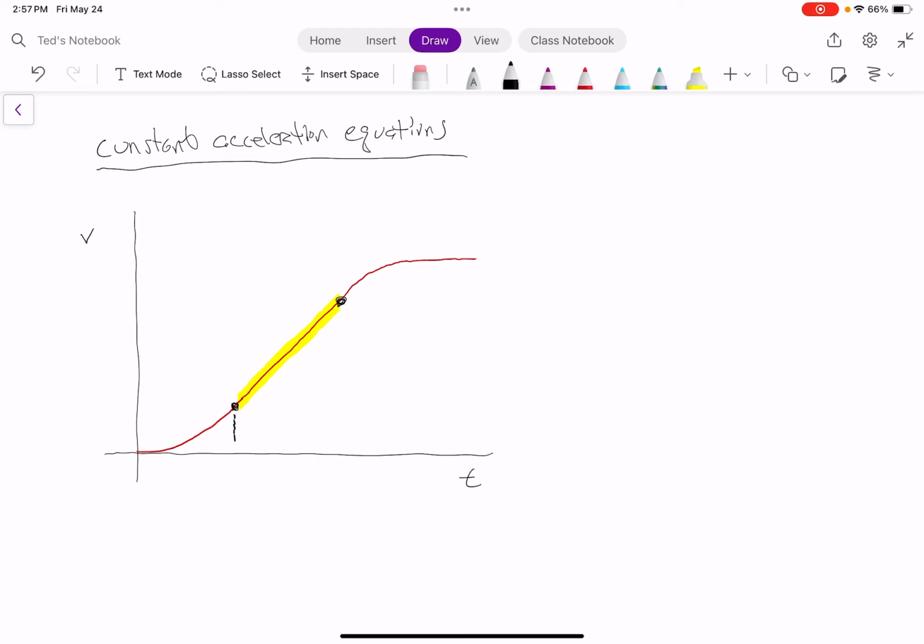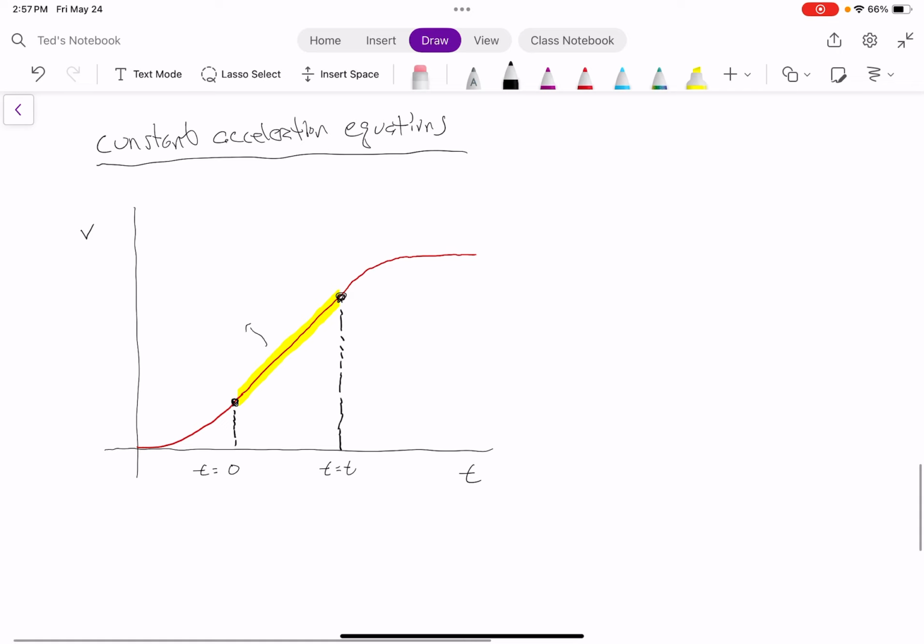So when we do that, we say, okay, this is 0. That is when the time is equal to 0. That's going to be our starting time. And this is going to be our ending time. So this is going to be when t is equal to the final time, t. The slope of this line is the acceleration.